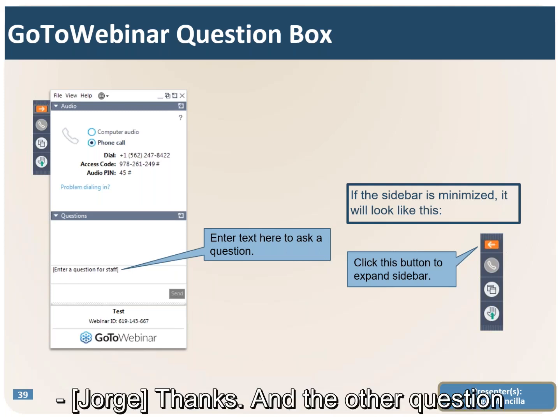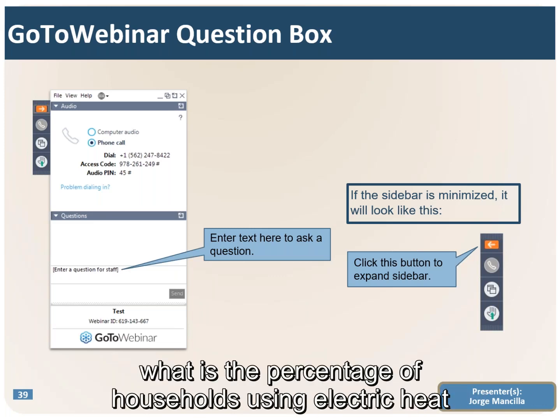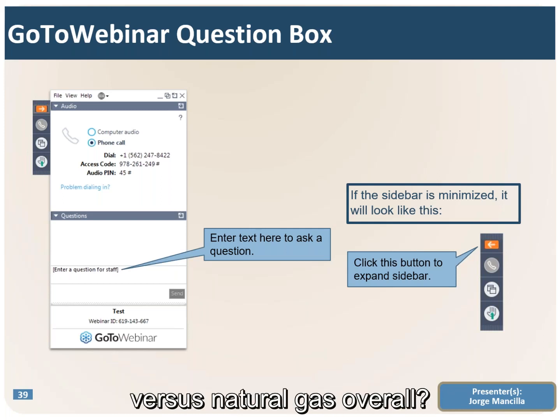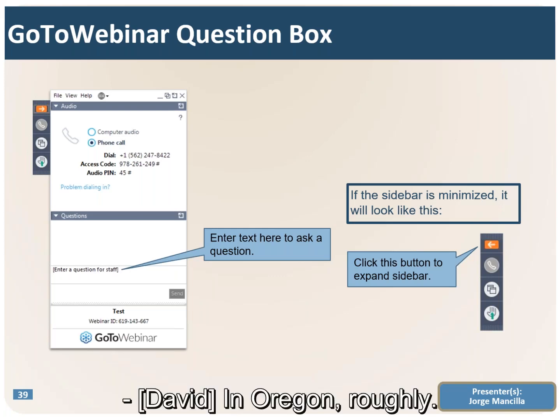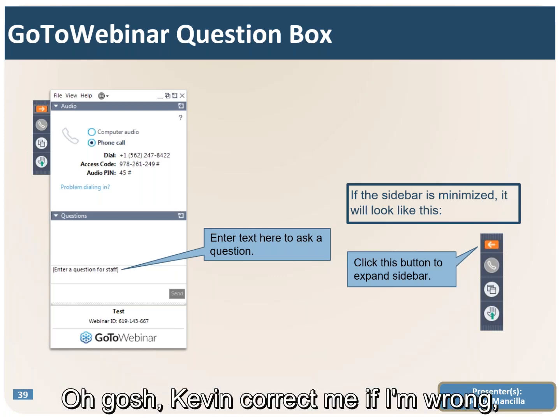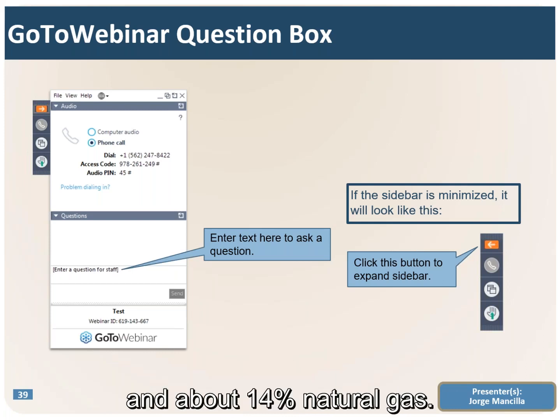Thanks. And the other question that we got from the audience is, what is the percentage of households using electric heat versus natural gas overall? In Oregon, roughly, oh gosh, Kevin, correct me if I'm wrong, but I believe it was about 75-ish% electric and about 14% natural gas.